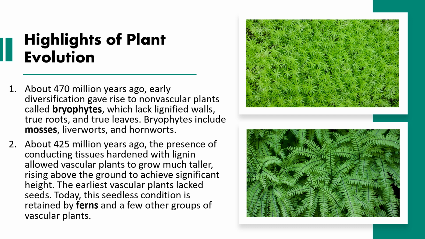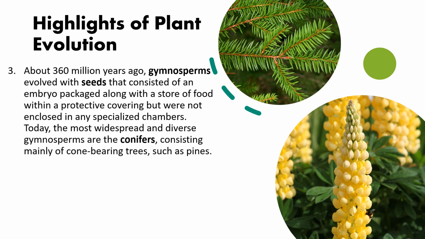They're going to rise above the water, above the ground, and are going to be much taller than we have for the bryophytes. Bryophytes are very small. Okay? These are going to be the first vascular plants, and they are also going to be seedless, so we call them the seedless vascular plants. The ferns are going to be the main group that we talk about for the seedless vascular plants.